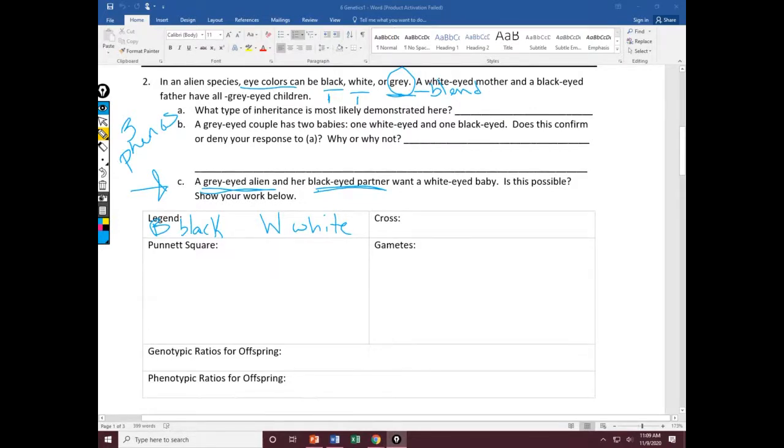Now let's look at our cross. I have a lady gray-eyed alien, and gray is being blended, so I know that's my heterozygote. I need 1 black allele and 1 white allele to do that.